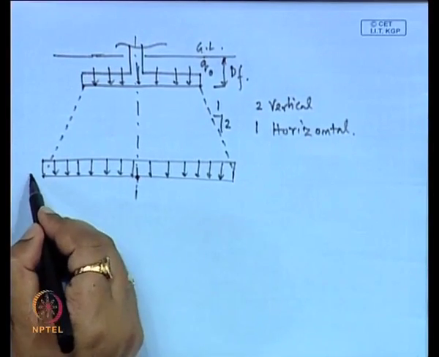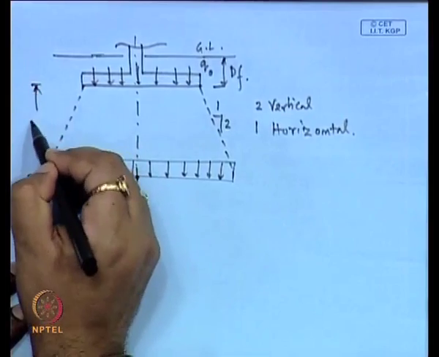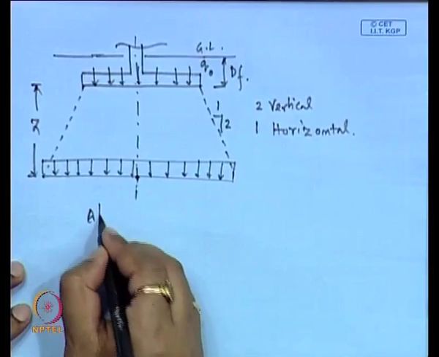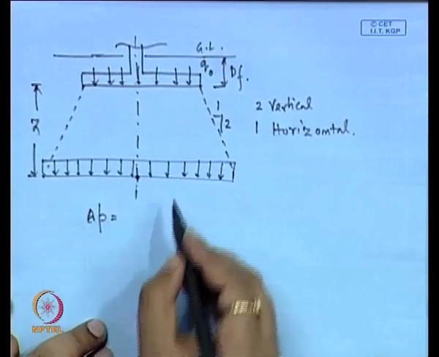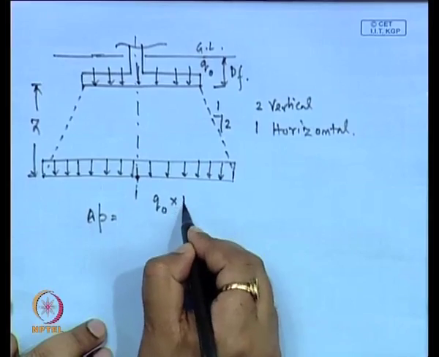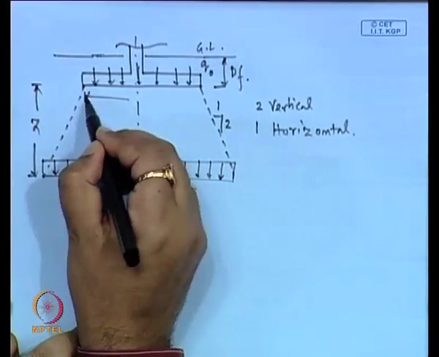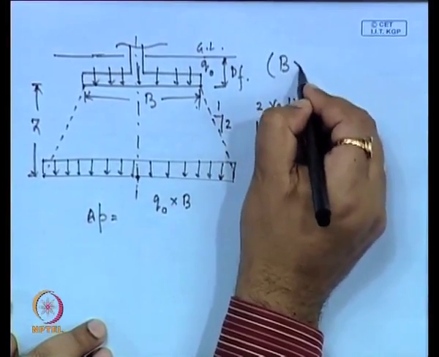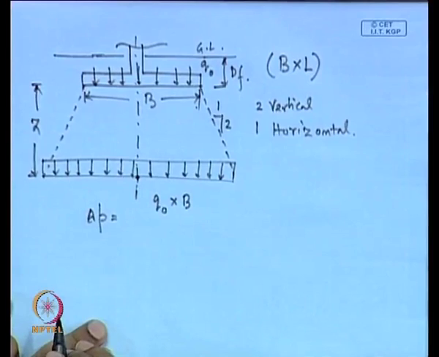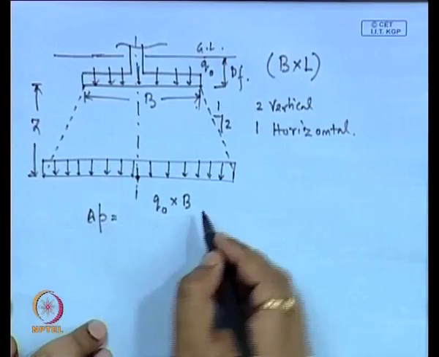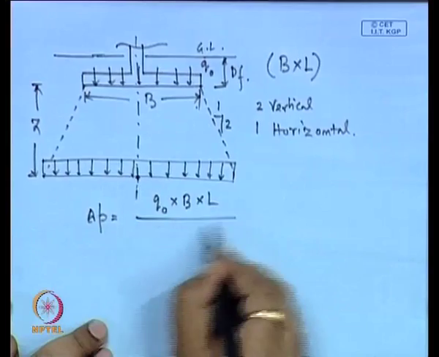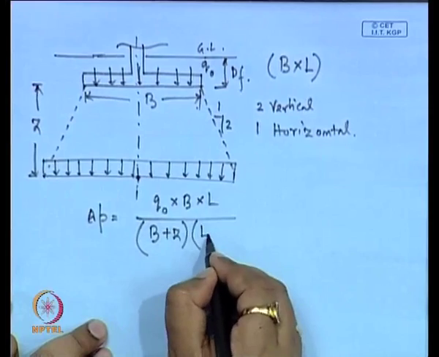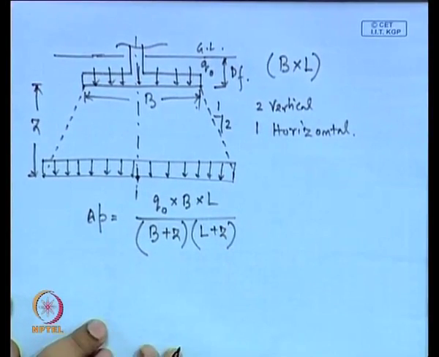Now, if the depth is z from the base of the foundation, and the width of the foundation is B, with the footing dimension B cross L, then the stress increment dP will be Q0 into B into L divided by B plus z into L plus z.